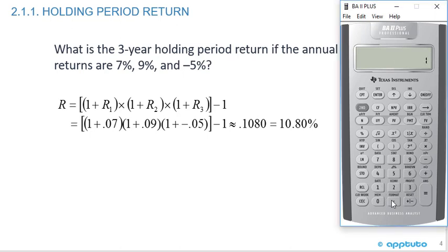We can do that: 1.07 times 1.09 times 0.95 minus 1. And we've got 10.7985. So that would be closest to 10.8% approximately.